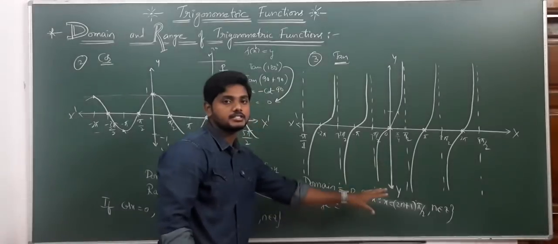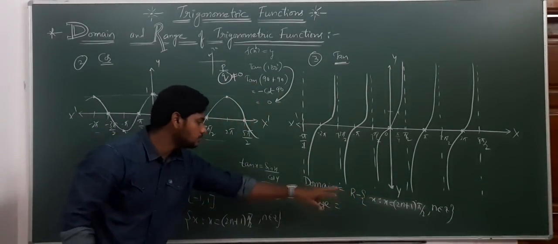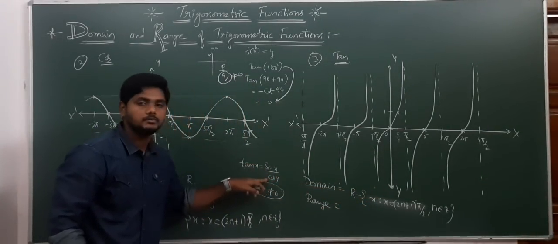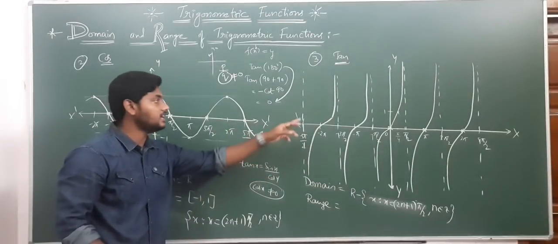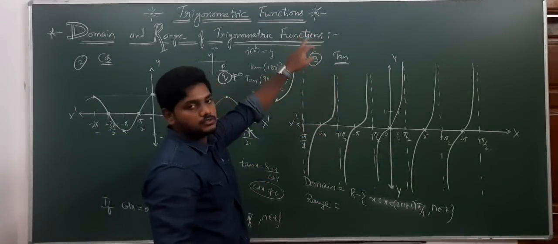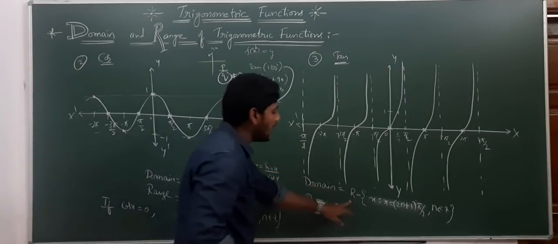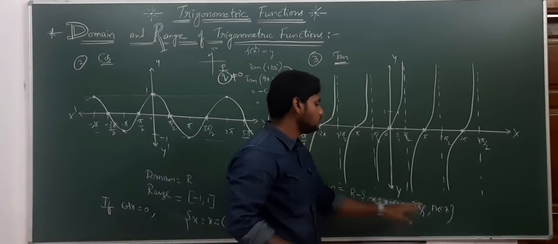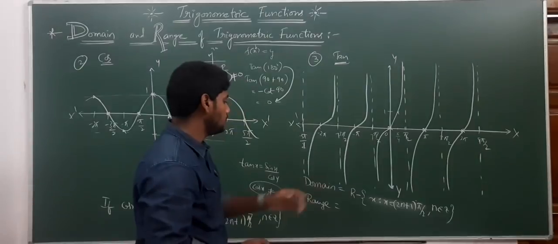Why except those? Because if you substitute those, the denominator will become 0, and it will become undefined. So that's why the domain of tan is R minus of all x such that x equals 2n plus 1 into pi by 2 where n belongs to Z.